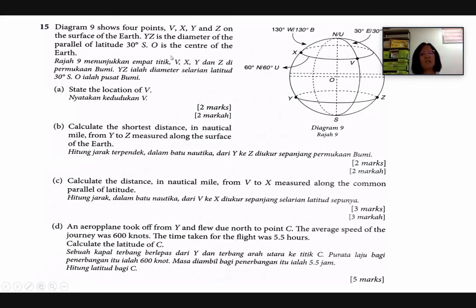Now, question 15, Earth as a sphere. If you're not too sure, you do a few more questions. Like I said, SPM, it depends on how hardworking you are. You do a few more years of this kind of question, you will notice that part A, part B, part C, part D, they practically ask you the same thing, and the working is all the same. You use the same formula for the respective parts.